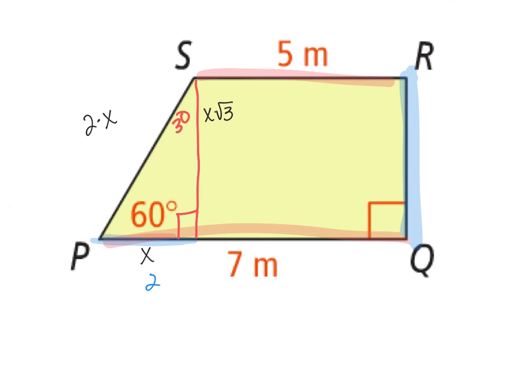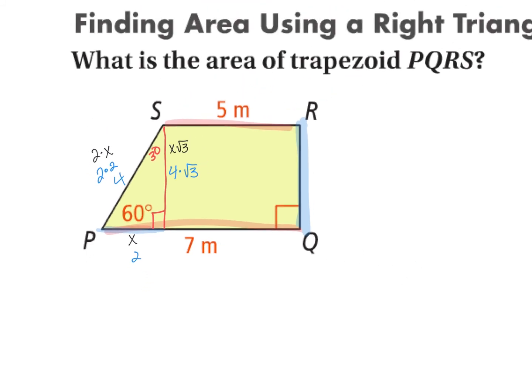Okay, so now I'm ready to do the rest of it. So this would be 2 times my x, which would be 2. So then that piece is 4. And then this other piece is 4 times the square root of 3. Okay, I believe I have all of the pieces I need.